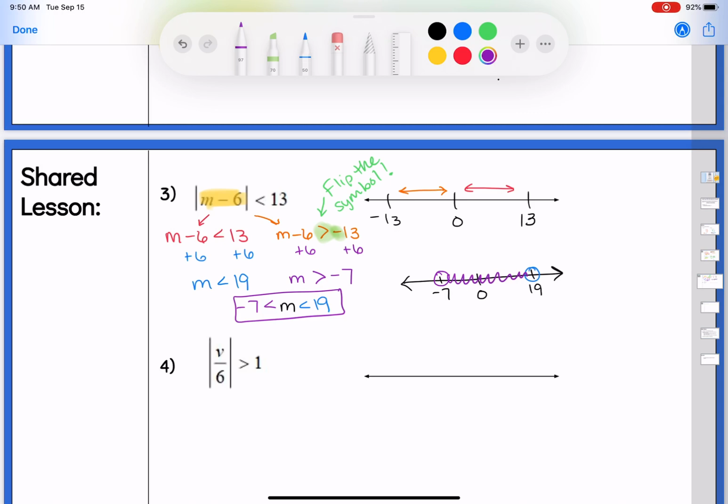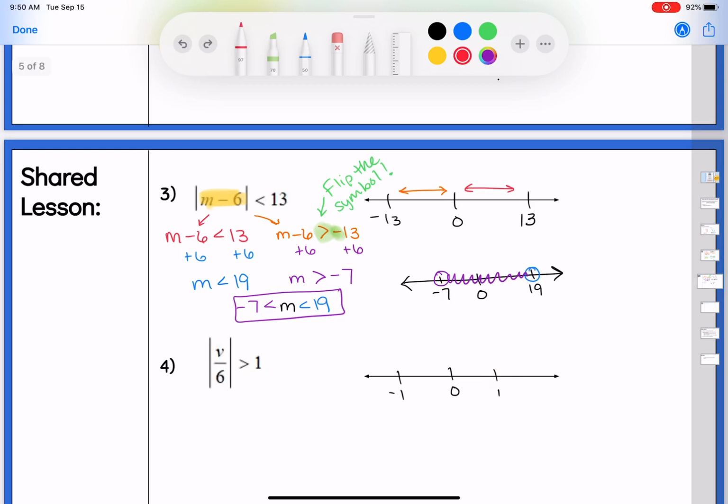Okay, so here now on my next one, the absolute value of v over 6 is greater than 1. So this distance has to be greater than 1. So if I'm thinking about how I'm setting this up here, here's 0, here's my 1, here's my negative 1. I need the distances to be greater than 1.